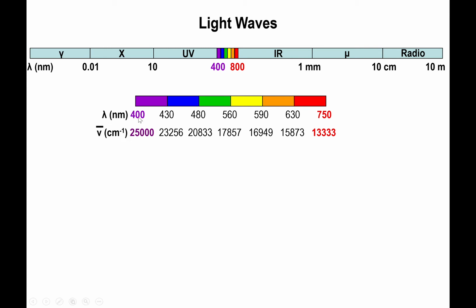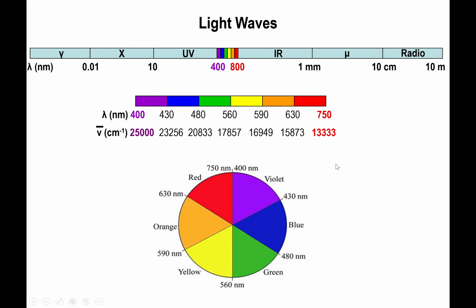Okay, so basically the smaller the number for the wavelength is, the larger the number for the wave number ends up being. So the violet has a higher energy value, 25,000 inverse centimeters versus 13,000 for the red portion of the spectrum.